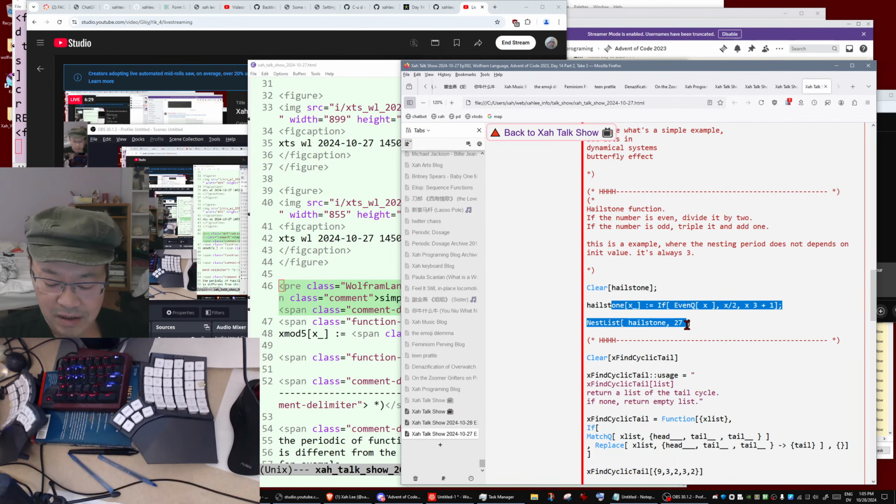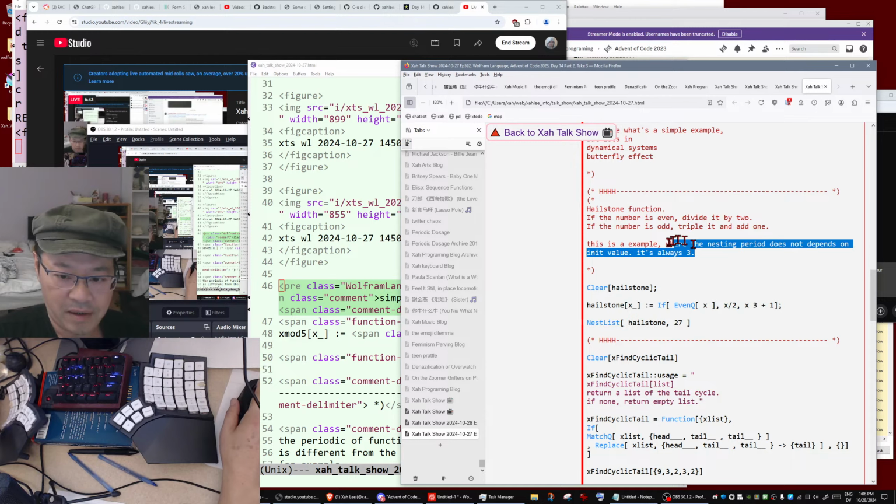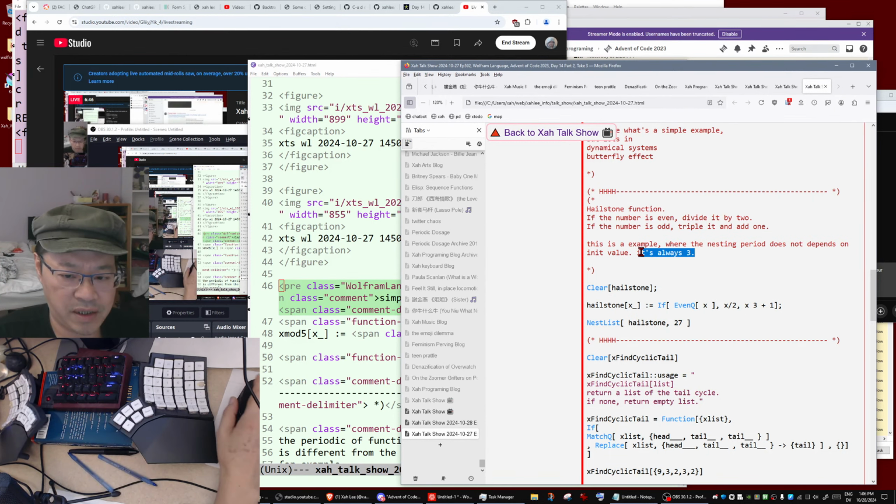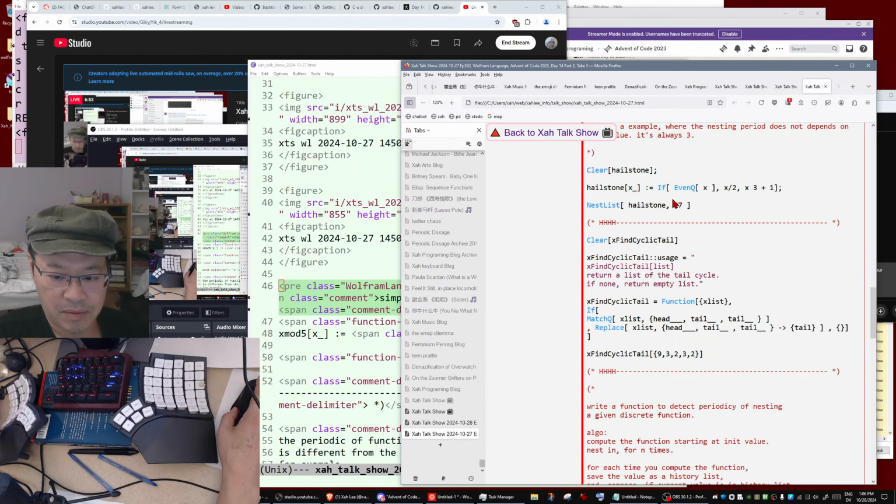It is an example of nesting a function where supposedly the periodicity is 3, because it always comes down to, I believe, 4, 2, 1, something we looked at yesterday. So hailstone numbers, those are the things we talked about.